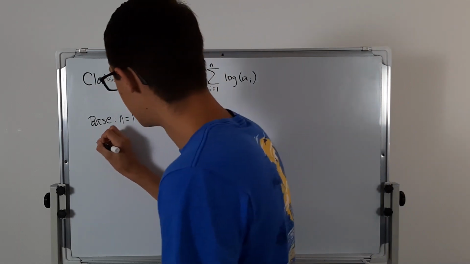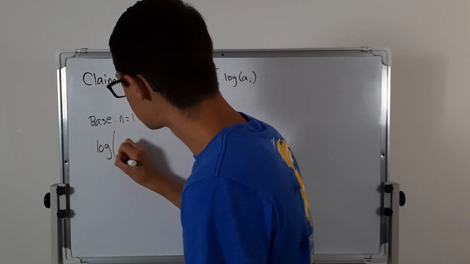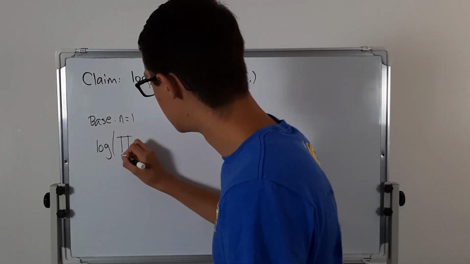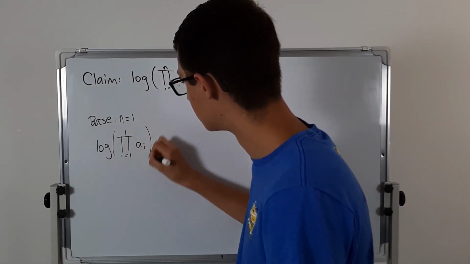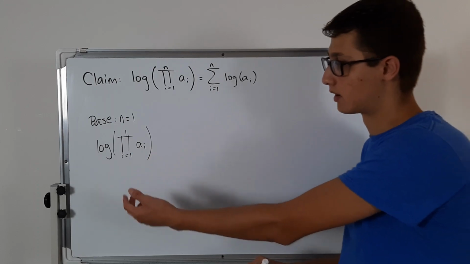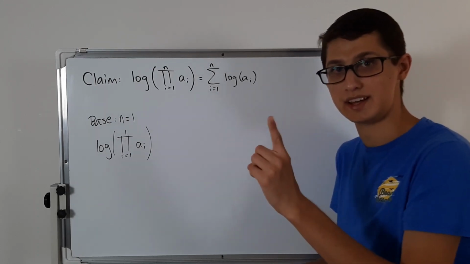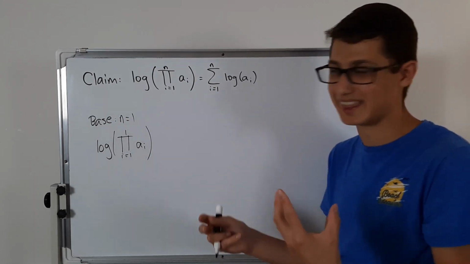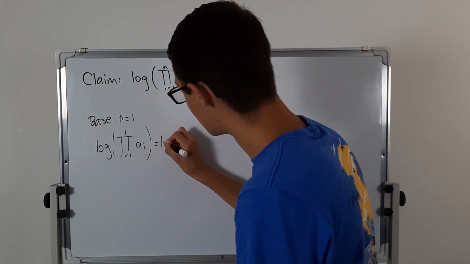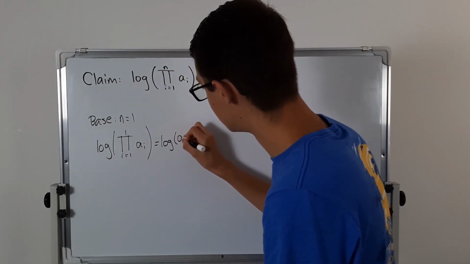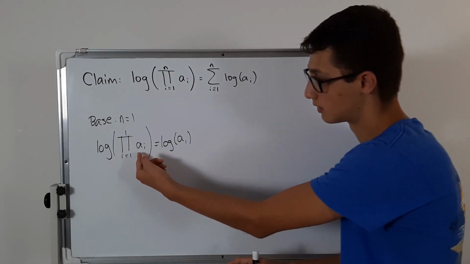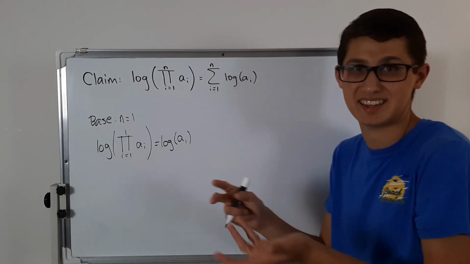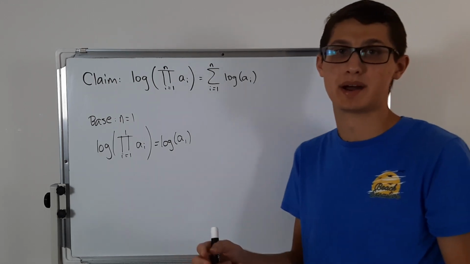What we get is the logarithm of a product from i equals 1 to 1 of a sub i. Whenever we have a product of one thing, it's just that one thing. So this is simply log of a sub 1. We're just multiplying the first thing and not multiplying it by anything.